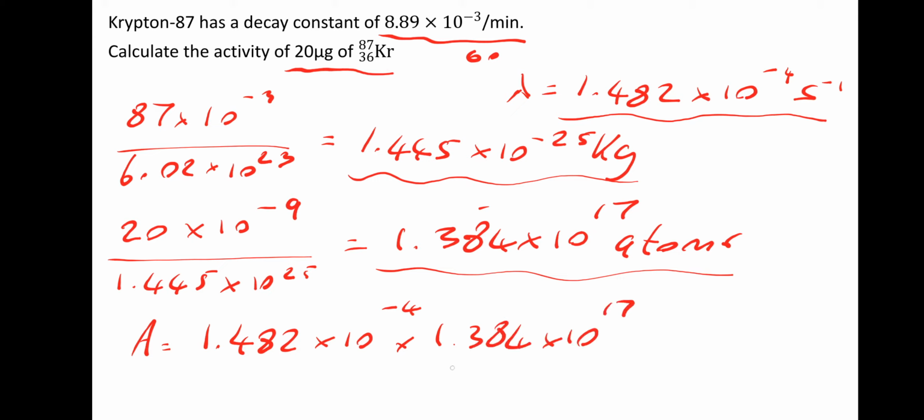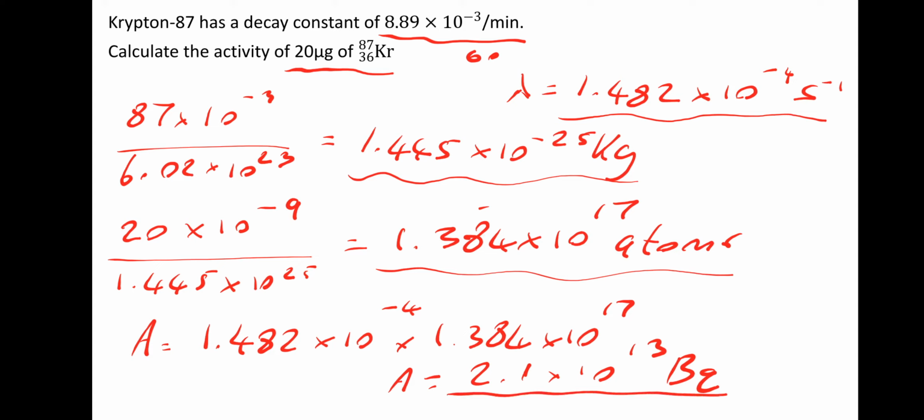If you end up with a slightly different answer, don't worry, it's probably just a round-up error. So the activity will be equal to 2.1 times 10 to the power 13 becquerel. Hope that one went okay.